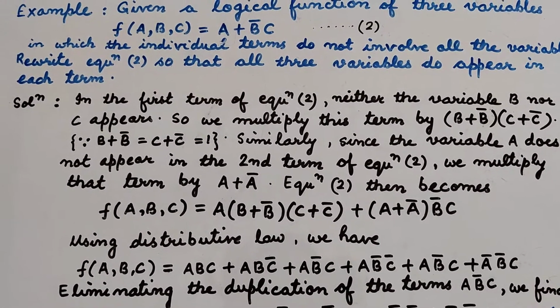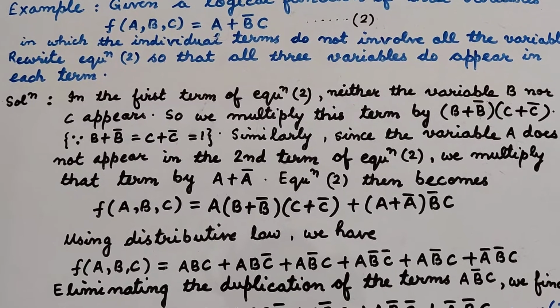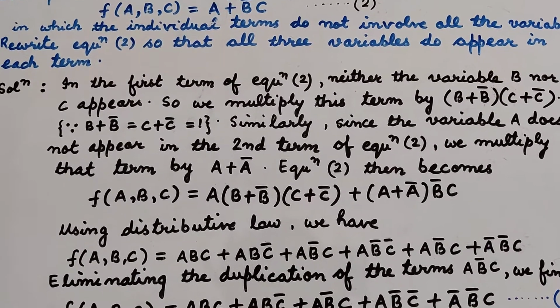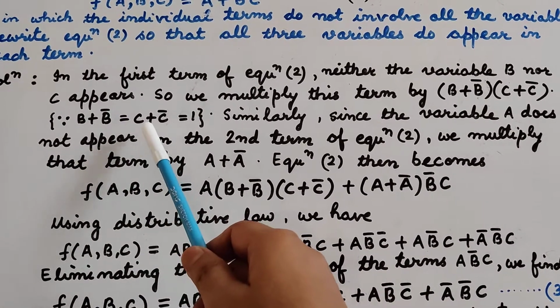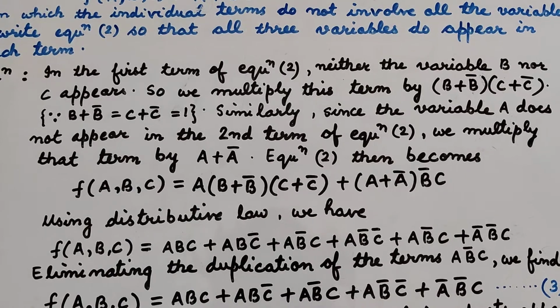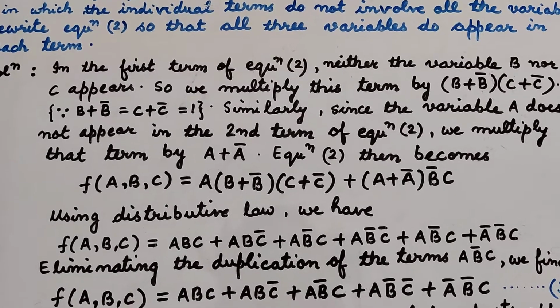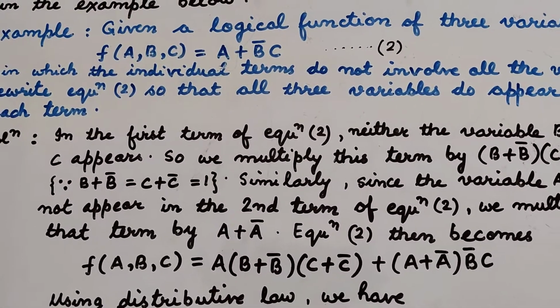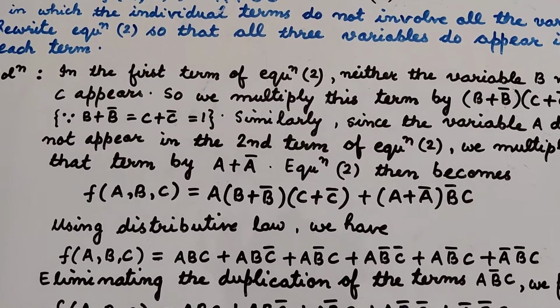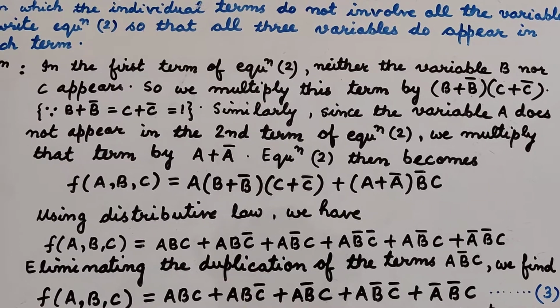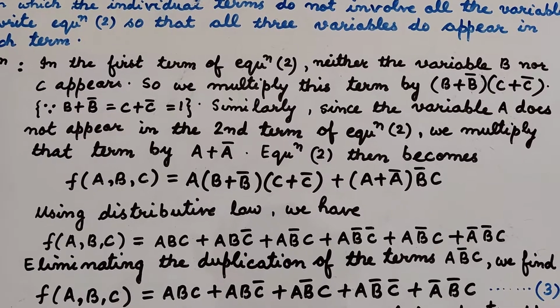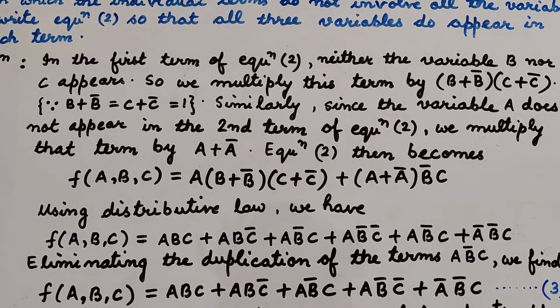This will not affect the operation because we know from Boolean algebra that b plus b complement is 1, c plus c complement is 1. So simply we are multiplying the first term a by 1. So we have multiplied the first term by (b plus b complement) into (c plus c complement).